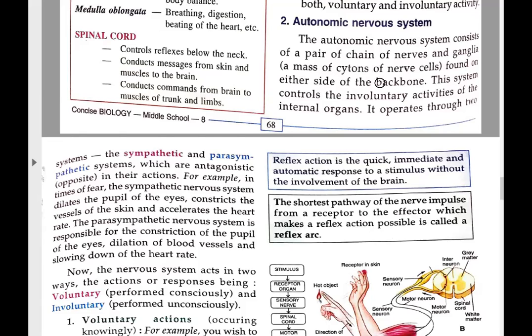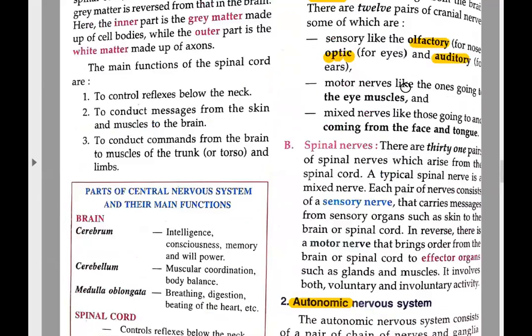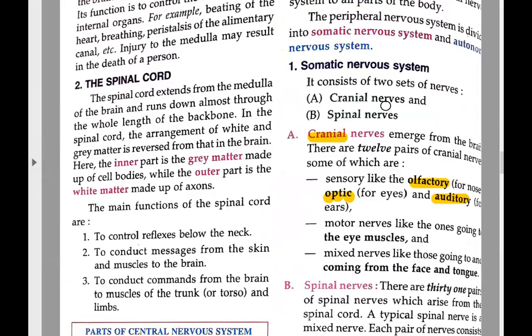And then the system controls the involuntary activities of the internal organs. So autonomic means what? It will be involuntary. That's why it's autonomic. The somatic nervous system will include most of the voluntary functions.